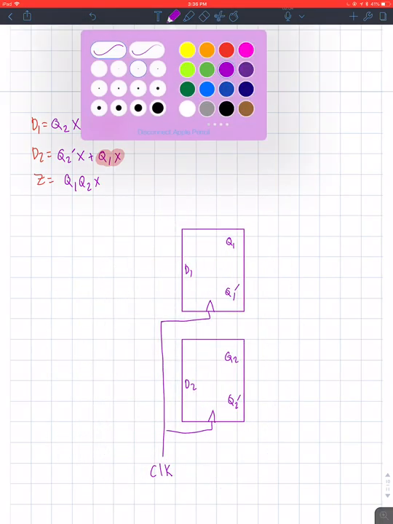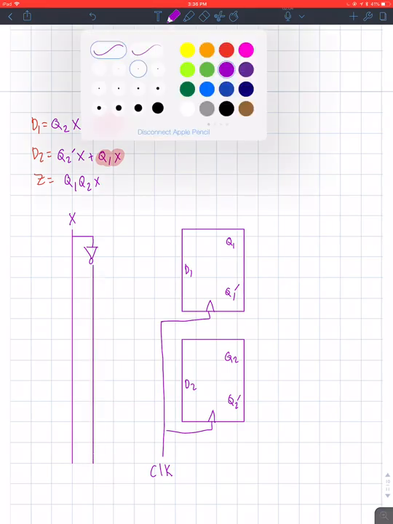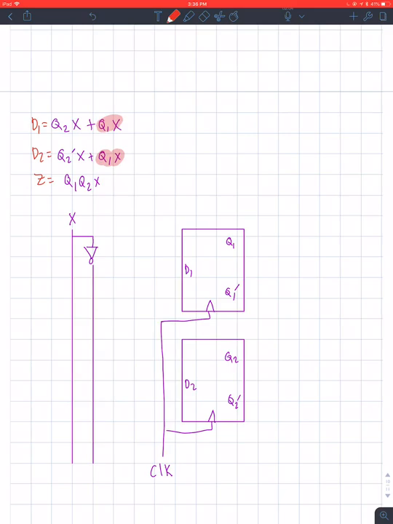Okay, so let's do our D1 first. Actually, I should include my X as well. So X I'm just going to do like this, and when it's negated, I'm just going to have it like that. That's how I represent that. So now for D1 I have Q2 X, so Q2 is here. I'm going to draw my gate.